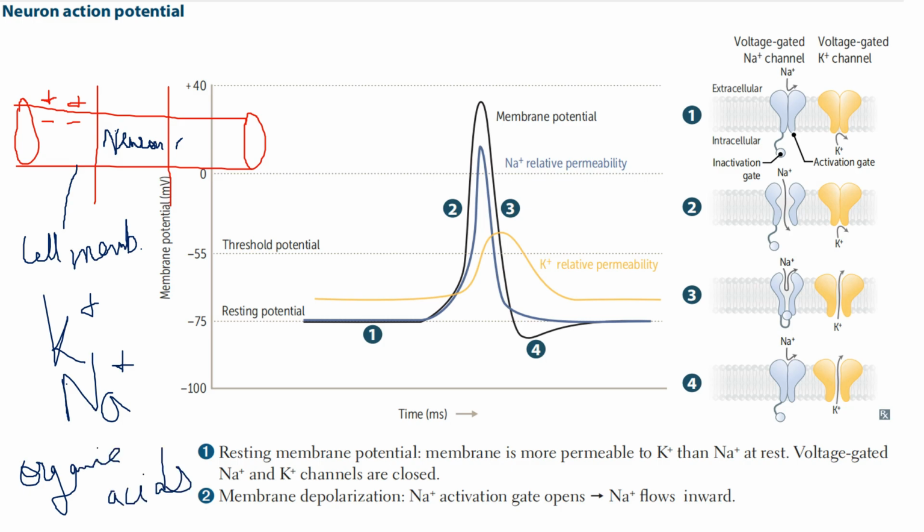And because of these charges present outside the membrane, we say that the neurons also have some charges. What they're basically trying to say is that neurons also have some potential. So that's how they say neuron action potential.